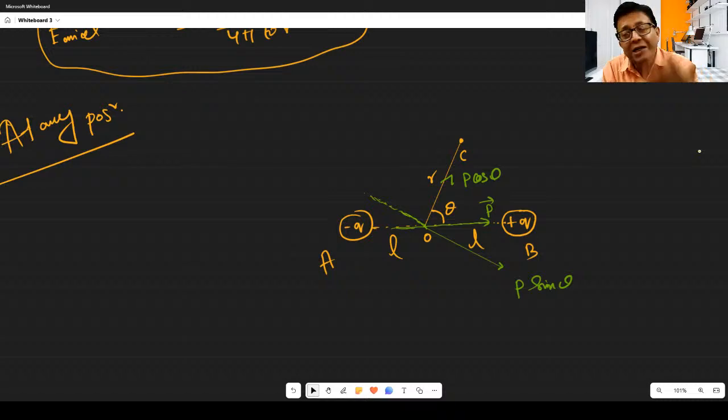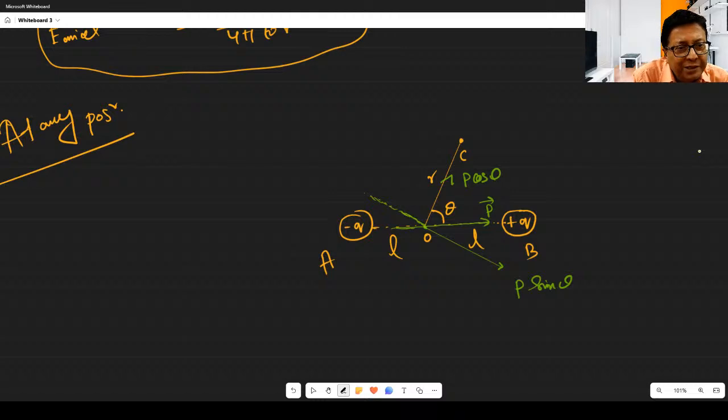If we replace P sin theta by a dipole, then what is the position of C? Equatorial position. If we consider P cos theta only, then what is the position of C? That is axial position. Got the point? This is P cos theta, this is P sin theta. Okay?